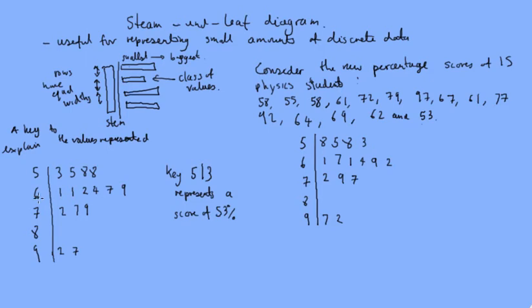So it was 0 to 4, 5 to 9, 10 to 14, or something like that. But once you're getting big data sets, stem and leaf diagrams start to be not as useful as they are with these small amounts of data.